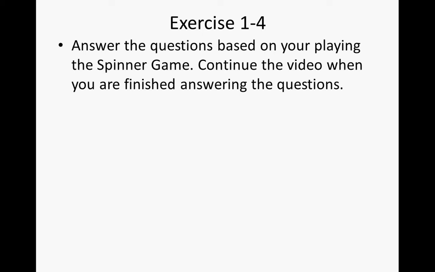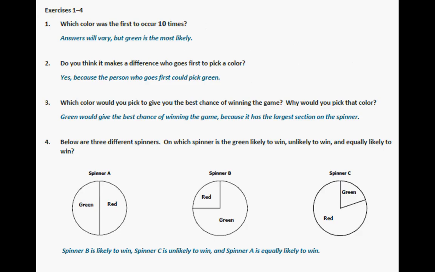Alright, so you should be done with exercises 1 through 4. Obviously, as you answer these questions, the answers are going to vary. However, hopefully you figured out that most likely green is going to be the color that is going to occur. So check your answers. If you have any questions, make a note and bring it to class.